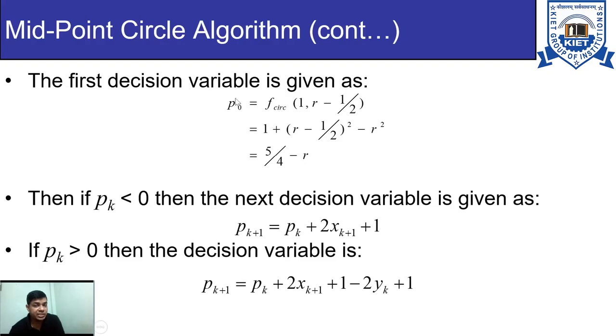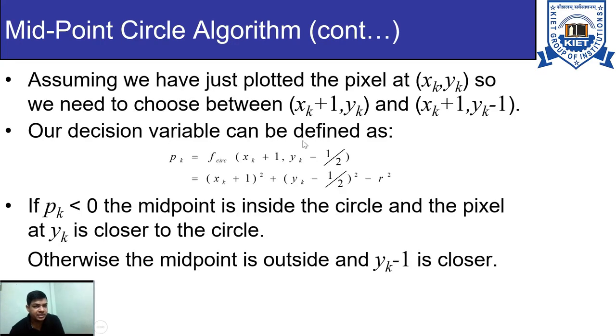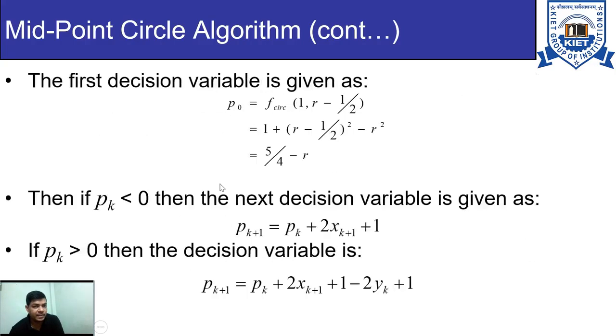Now as we know that the initial pixel parameter is at k equal to 0, and we know that the first point will be, so you can see that if you are substituting the value of k as 0 here, it will be 1 plus r minus half square minus r square, and we will get 5 upon 4 minus r.